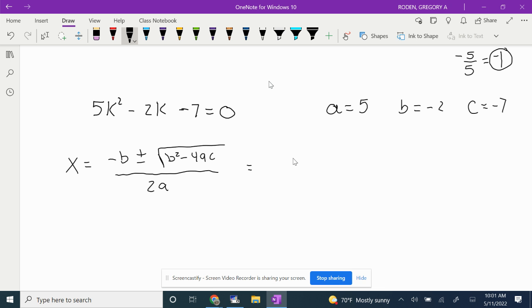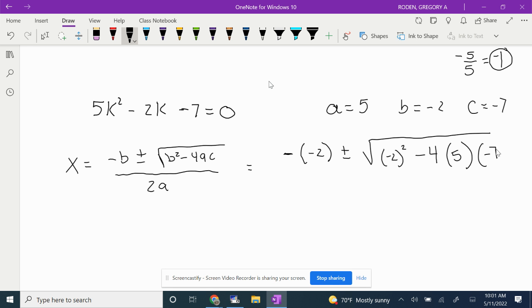All right, so now we're just going to go ahead and put numbers in. Instead of b, what am I going to put in? I'm going to put in a negative 2. And you got to be careful with your negatives. That's what kills you on the quadratic formula, is your negatives. So now it's negative 2 plus or minus the square root of negative 2 squared minus 4 times a, which is 5, times c, which is negative 7, all over 2a.